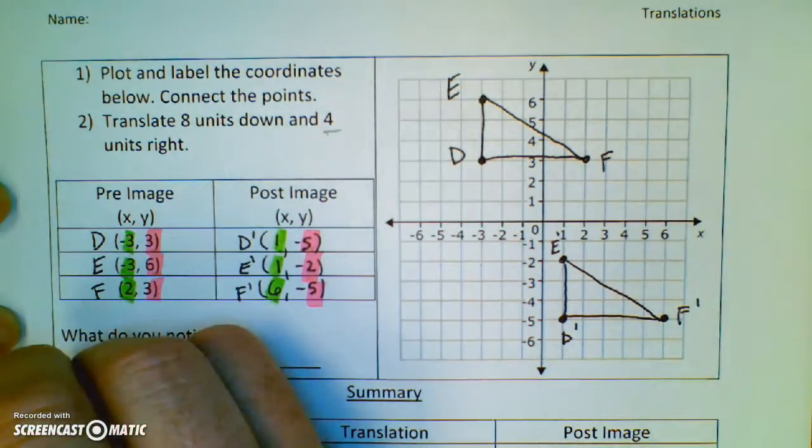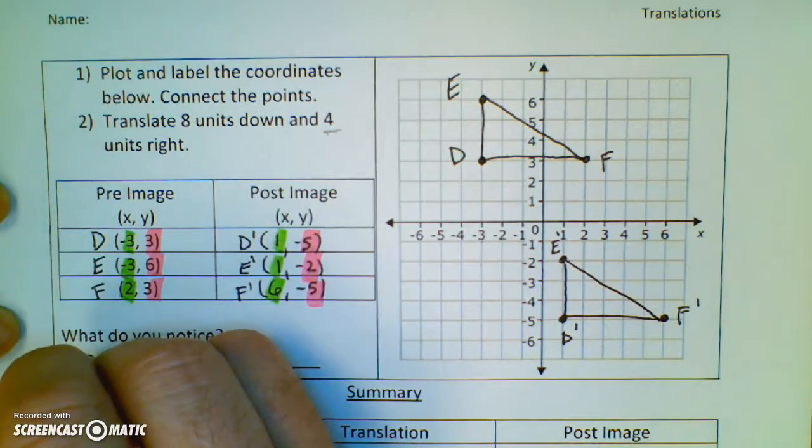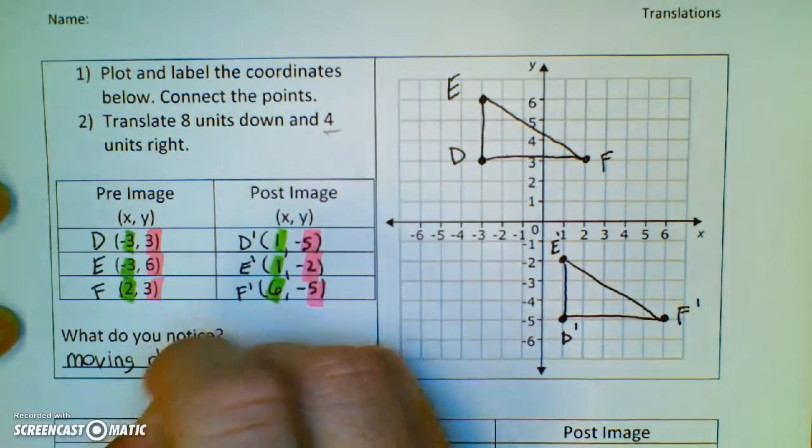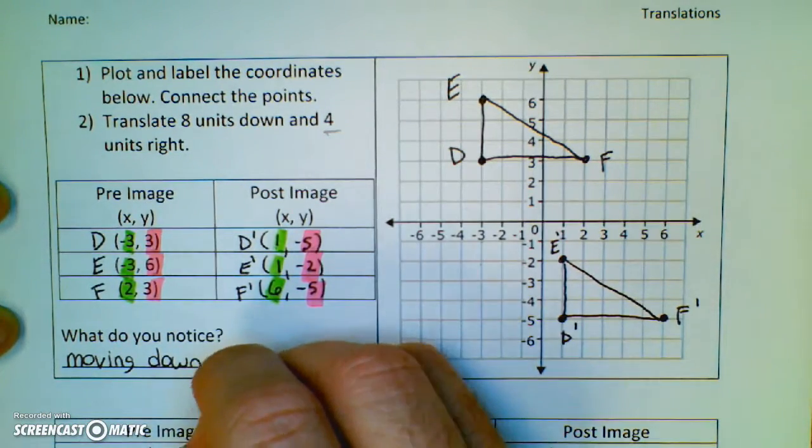Moving down means you subtract from the y values.